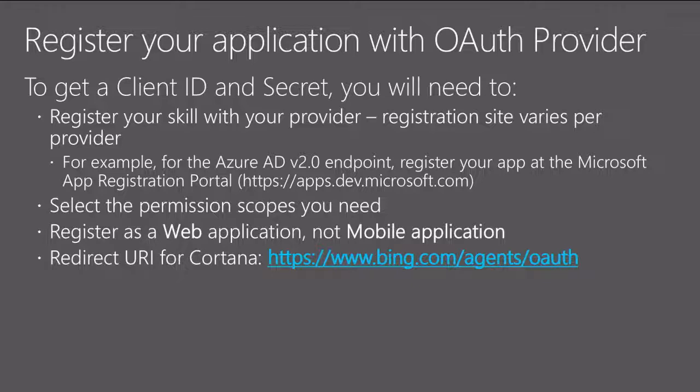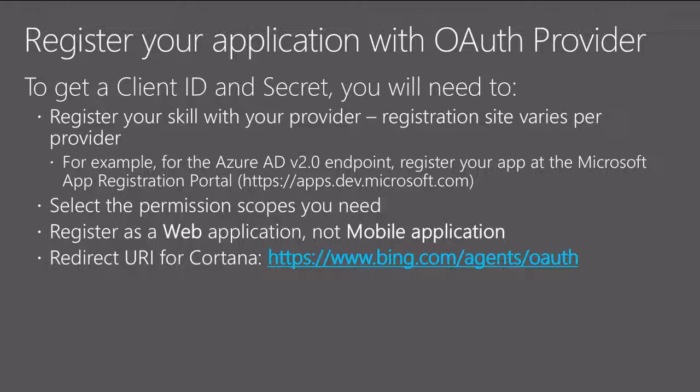You will get from the app registration site a client ID, a unique ID for your app, and a secret, a password. And you'll need to make a note of those. And you might also need to request permission scopes. You need to look at the documentation for your OAuth provider here to find out what you need to do.